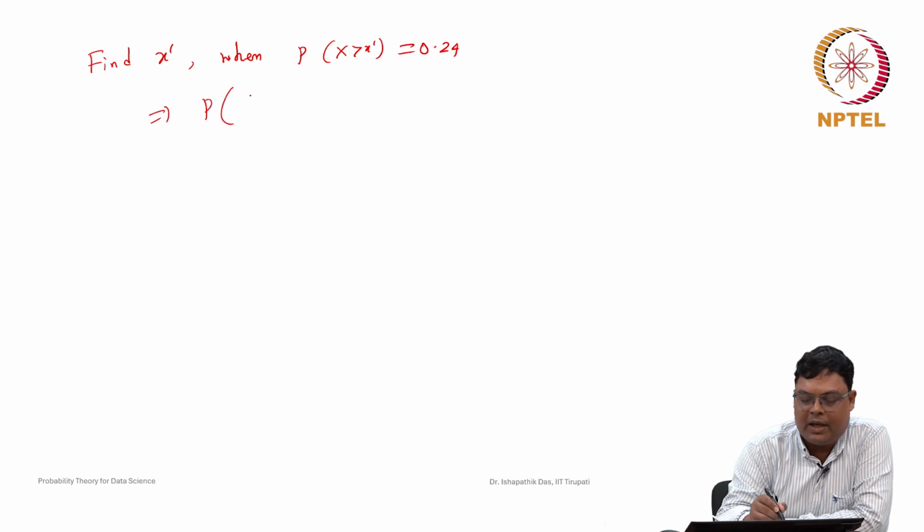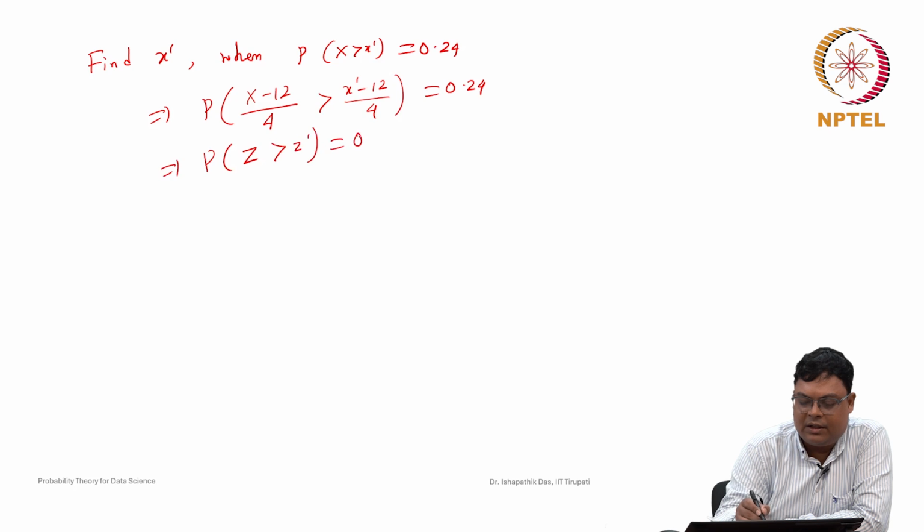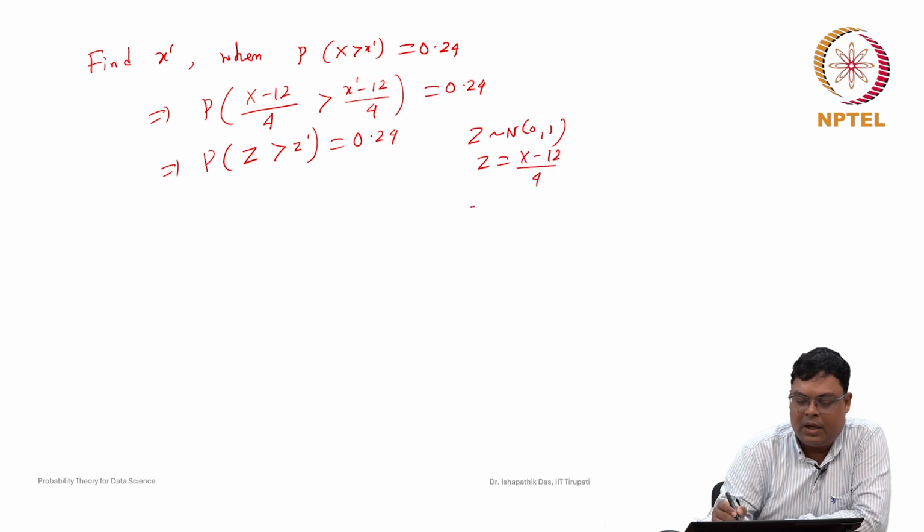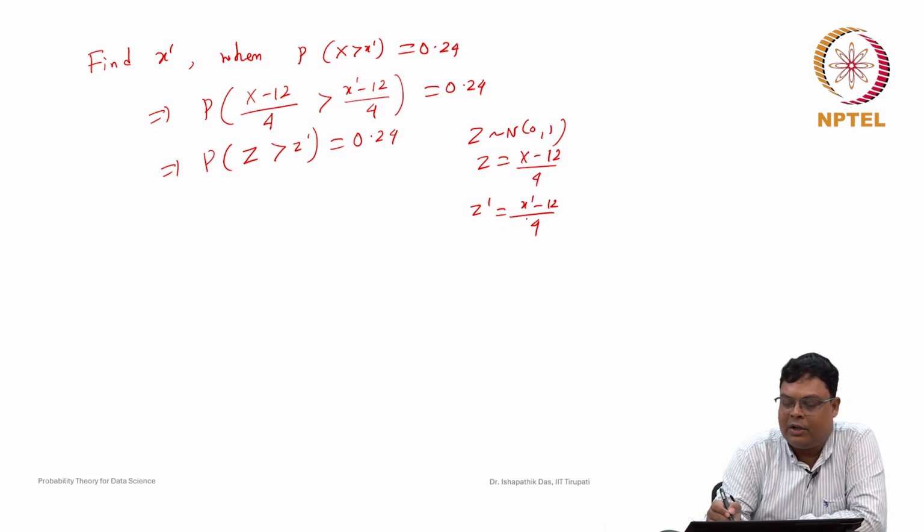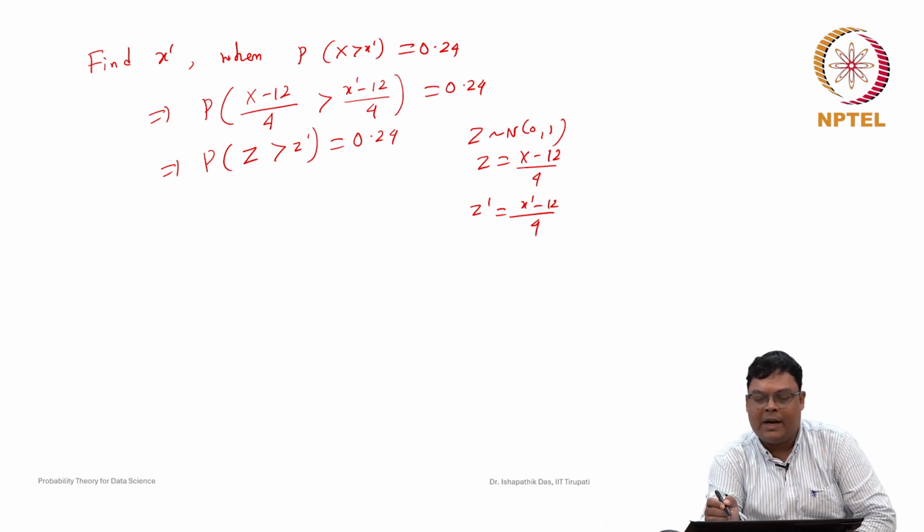This implies the probability that, with mu equal to 12 and standard deviation 4, (x minus 12) by 4 is greater than (x dash minus 12) by 4 should be equal to 0.24. That is nothing but the probability that z is greater than z dash equal to 0.24, where z is the standard normal variate 0, 1, z is (x minus 12) by 4 and z dash is (x dash minus 12) by 4. If we can find z dash, then we can solve it and find the value of x dash also.